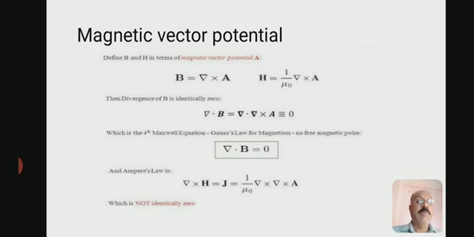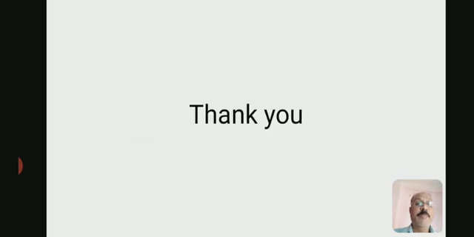Therefore del dot B is equal to del dot del cross A, which must be equal to 0, which is the fourth Maxwell's equation, Gauss's law for magnetism, no free magnetic poles, that is del dot B is equal to 0. And Ampere's law is del cross H is equal to J is equal to 1 by mu naught del cross A, which is not identically 0. Thank you.